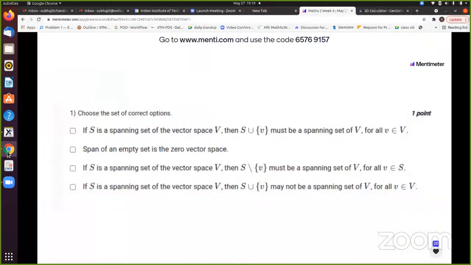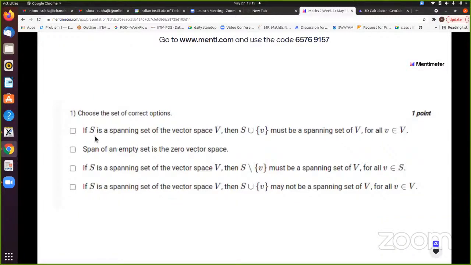May I ask a general doubt related to option 1? When we make a union of the small vector v with the span, and the span in general covers the entire vector space capital V, that means small v will be a duplicate of one of the other vectors in the vector space, correct?